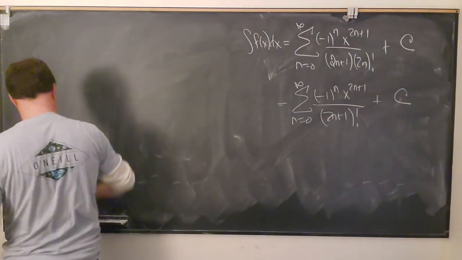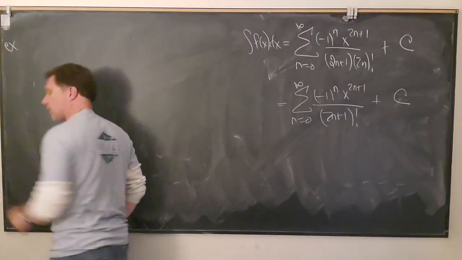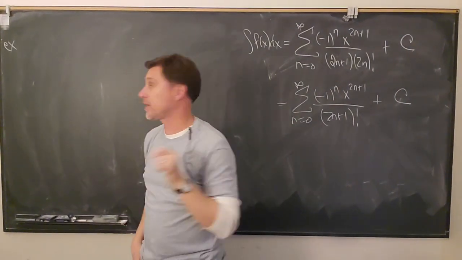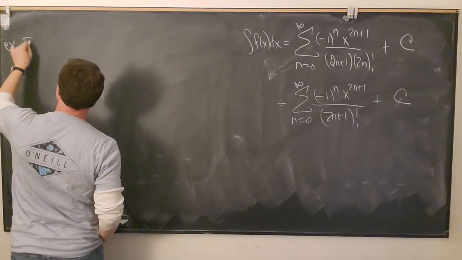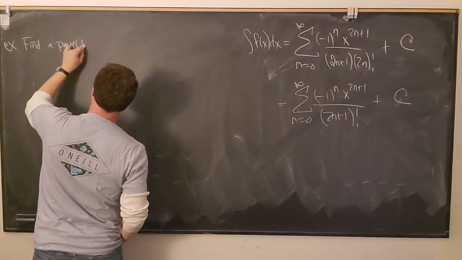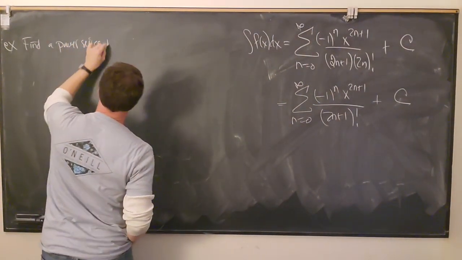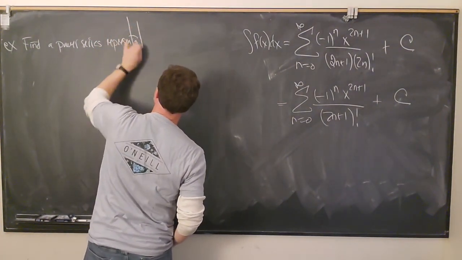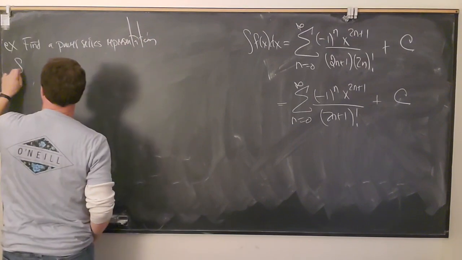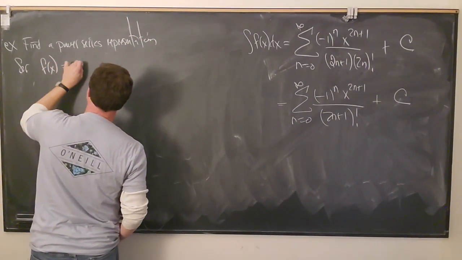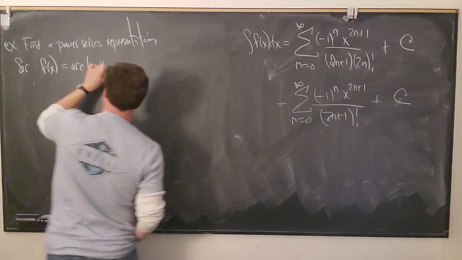And so the next example I want to do is find a power series representation for the arctangent. So let's find a power series representation for the function f of x equals arctan of x.